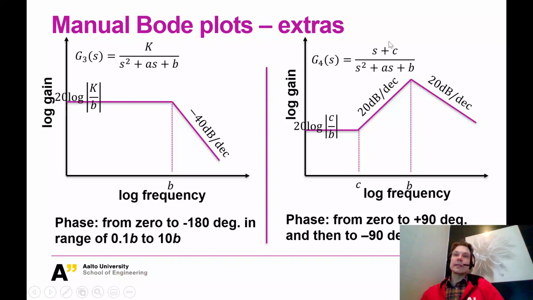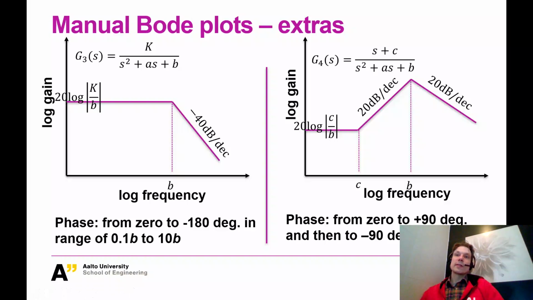And this is even more complicated. Now you have a DC gain, and then you have a zero which starts to increase the gain at frequency C, and then you have a resonance which starts to decrease the gain at B. And the phase goes from 0 to plus 90, and then it goes back to 0 and minus 90.